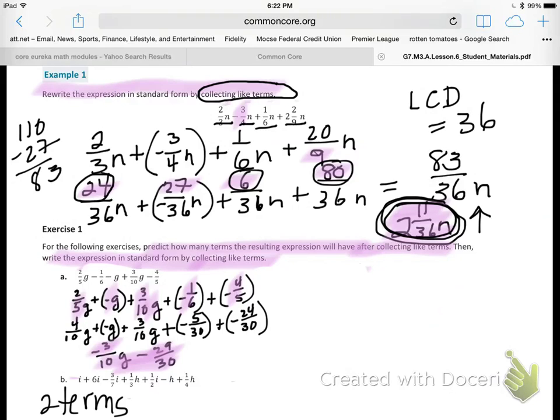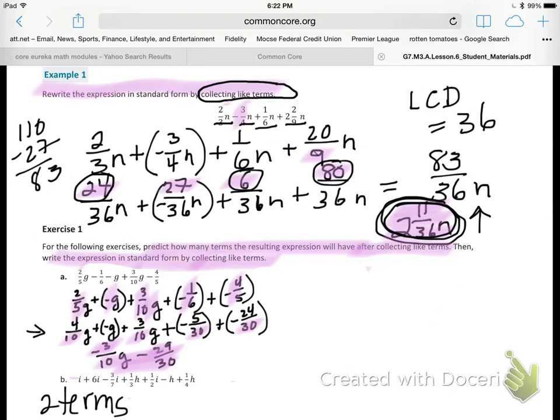And then in that next step, right here, I went ahead and found LCDs, lowest common denominators, for both of my two different terms. I used tenths for my G terms here, and then 30ths for my fractional terms. And then very simply, I just combined my like terms.